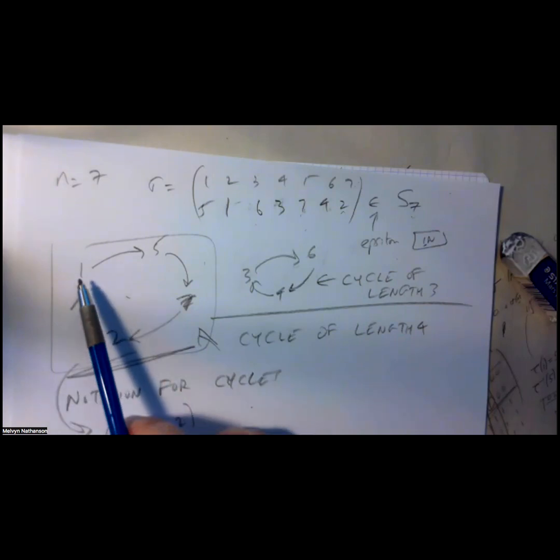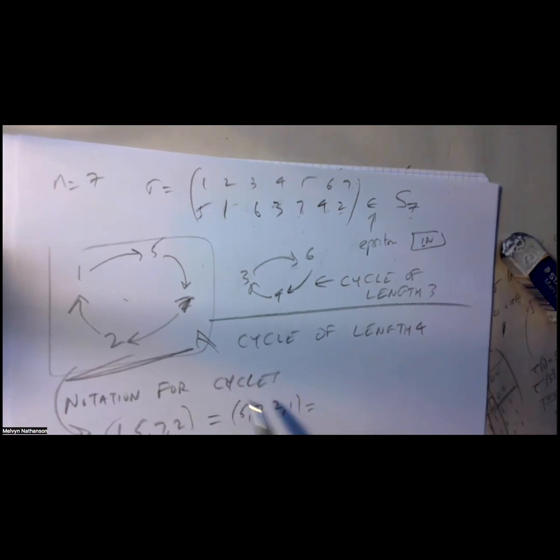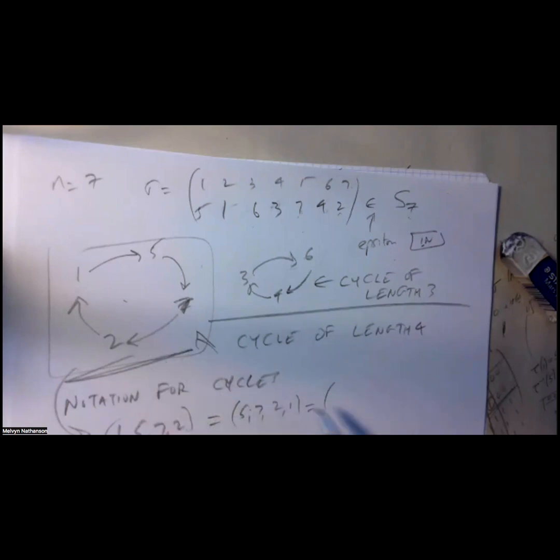Of course, there's nothing special about 1. I could look at this cycle and say, well, also 5 goes to 7, goes to 2, goes back to 1. It's the same permutation. Or I can start with 7 and look at this cycle. 7 goes to 2, goes to 1, goes to 5. Or I could have started with 5.